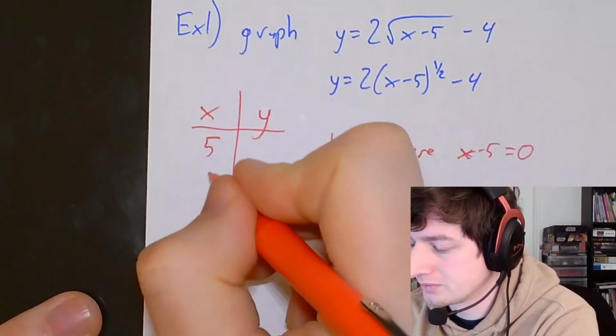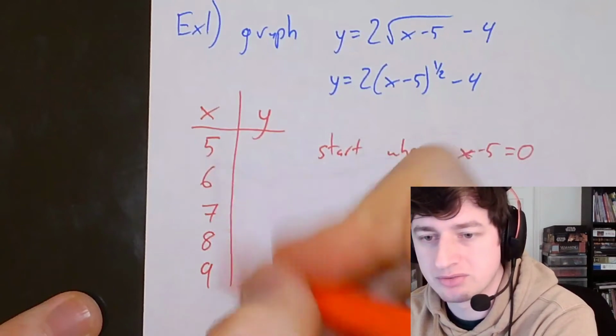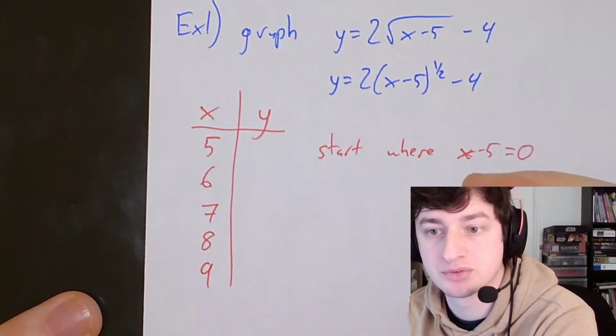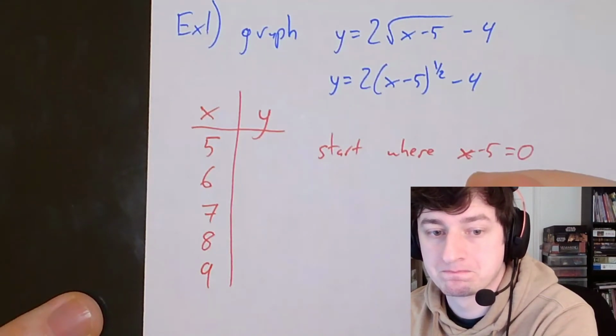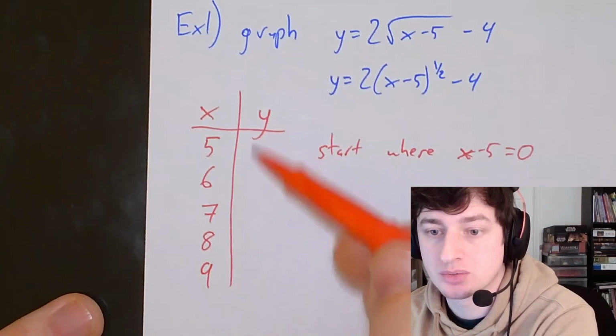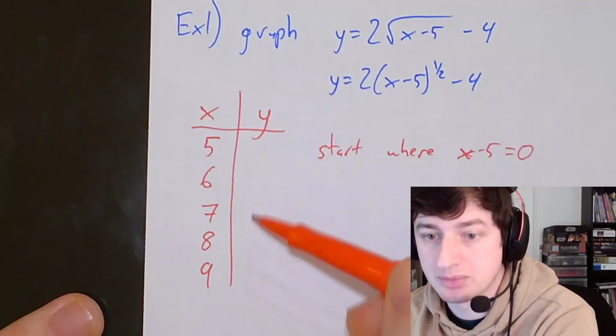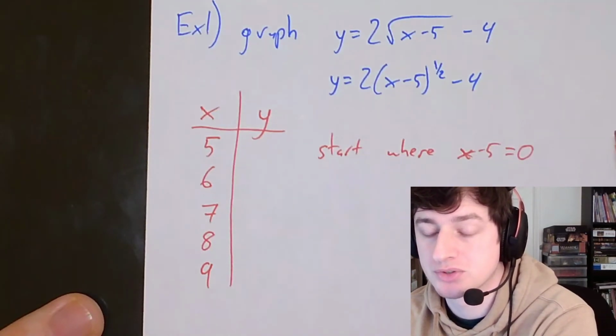We don't get 0 as the output, we're going to get a different number. So 5, 6, 7, 8, 9. We probably don't need 5 points, but I like graphing 5 points for most things. And then we just plug them in. These first two are probably going to give us whole numbers. The rest of these are probably going to give us fractions, or decimals, sorry.